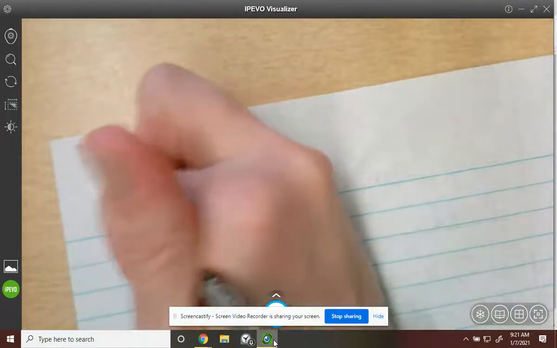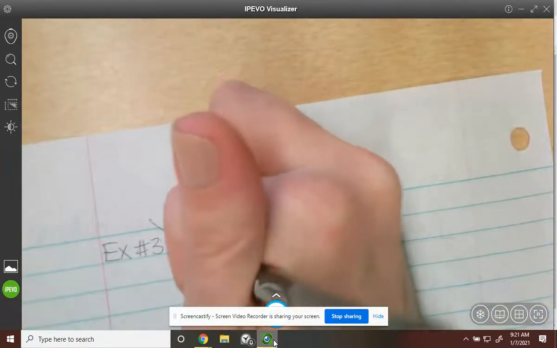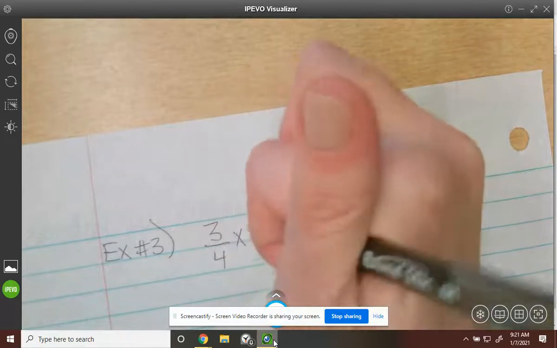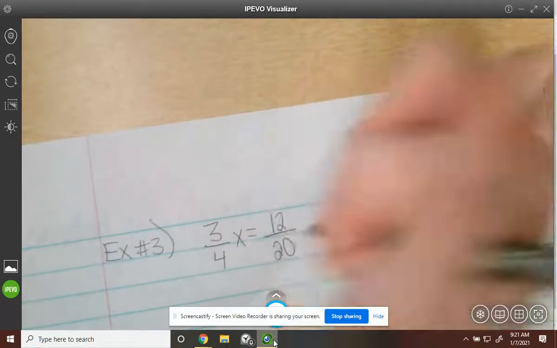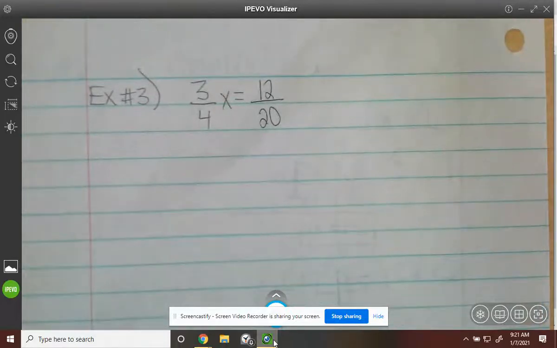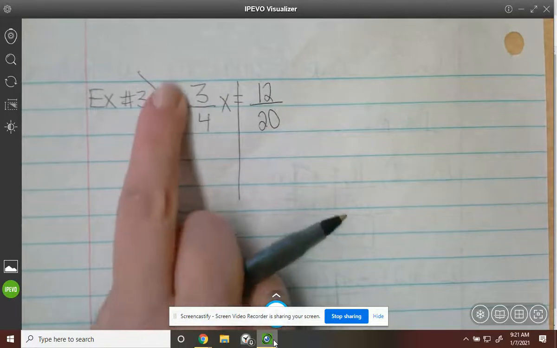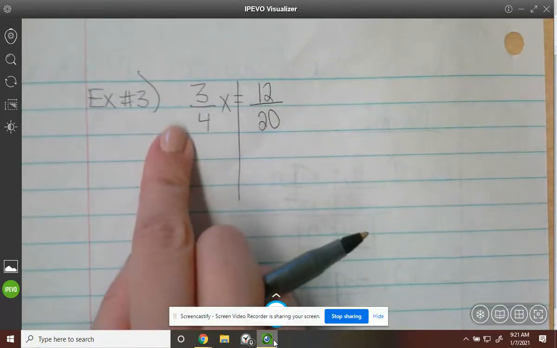So, example 3, we got 3/4 x equals 12 over 20. Which is stupid because that's not simplified. But anyway, I'm going to draw my line. In order to get rid of this 3/4 x, I'm going to multiply it by its multiplicative inverse.